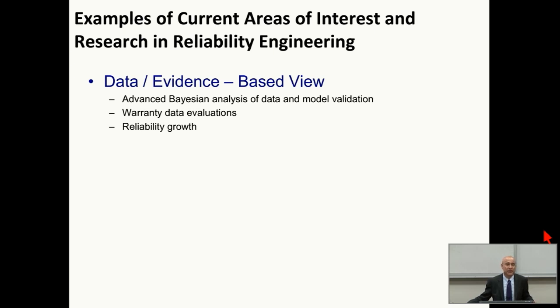Reliability growth has been a very big area of research and use in reliability engineering. This is when we develop a product and we want to make sure that we reach a given level of reliability desired by the buyer or by the developer of the product. Other areas of major research are generalized renewal processes.